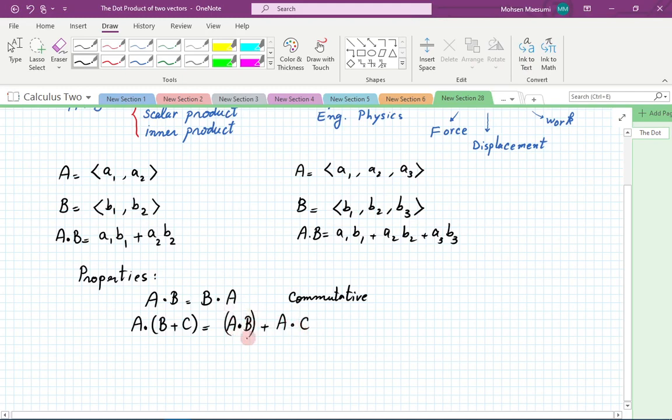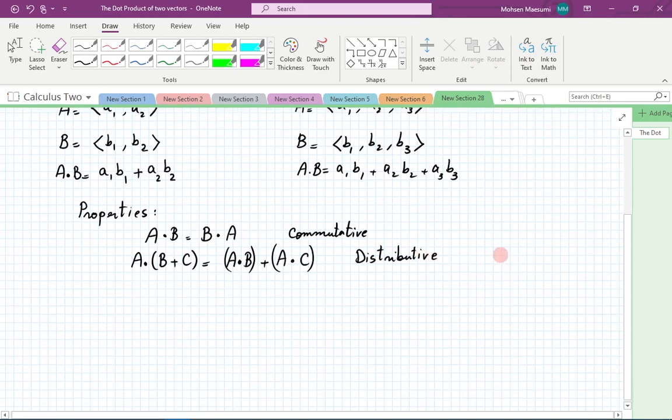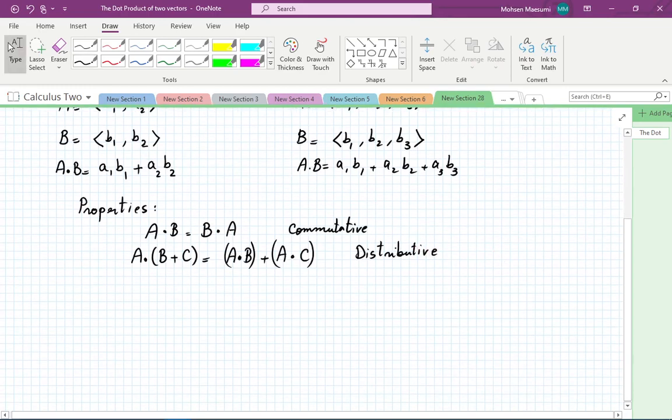So what does this mean? On the left, I'm adding first, then dotting. On the right, I'm dotting first, then adding later. So this is our distributive property. Then we have a form of associative property in the following sense.